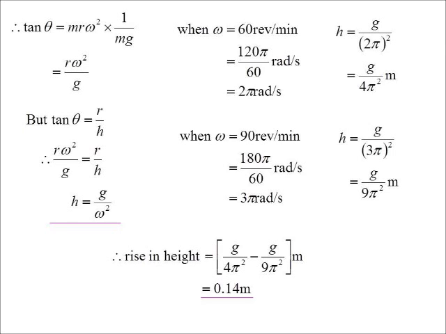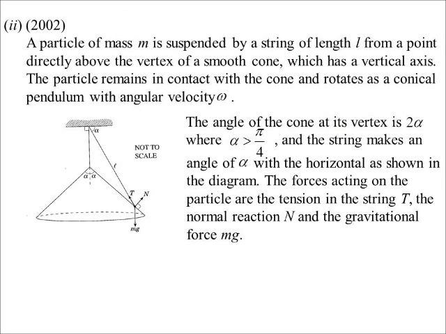It's risen. Here's an interesting one that appeared in the 2002 paper, where we got a conical pendulum, but it's also resting on a cone. So it's a conical pendulum on a cone. That's kind of cool. Or is that just me? All right. So our particle of mass m, we've got the string length L. It's sitting above this cone.